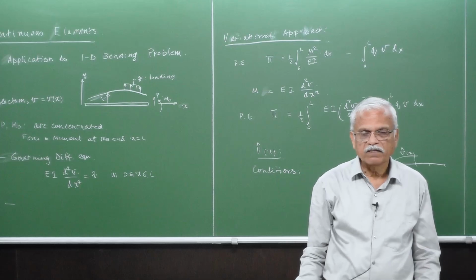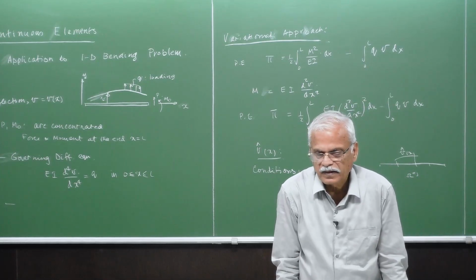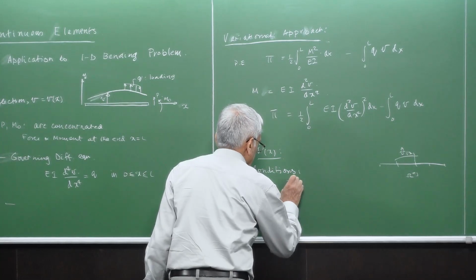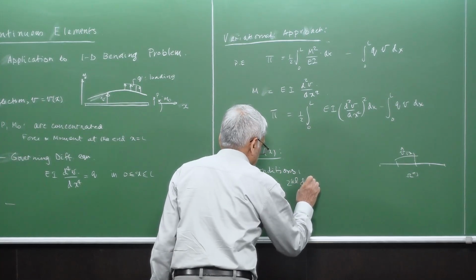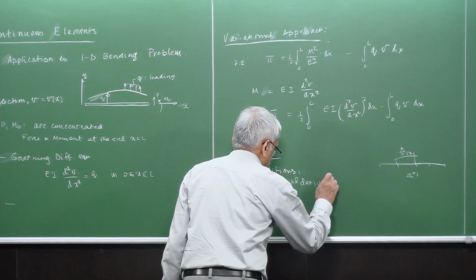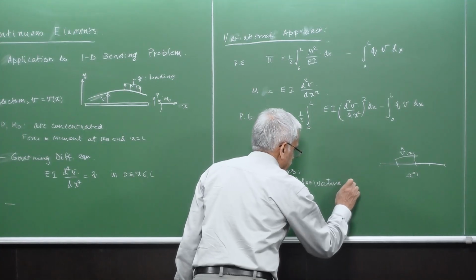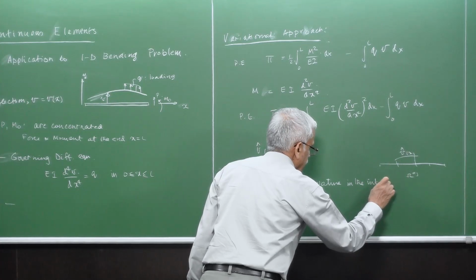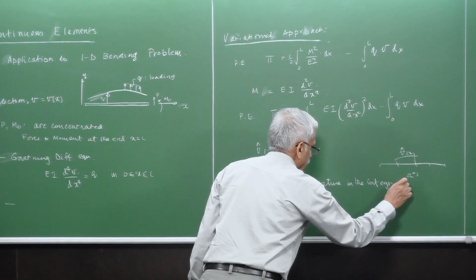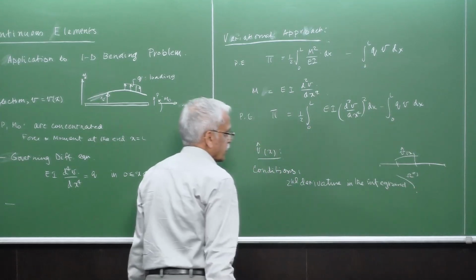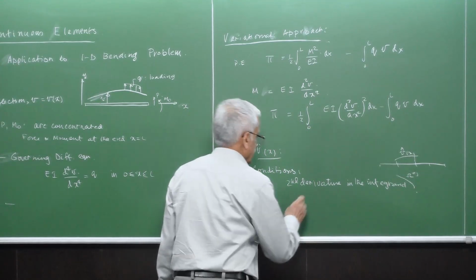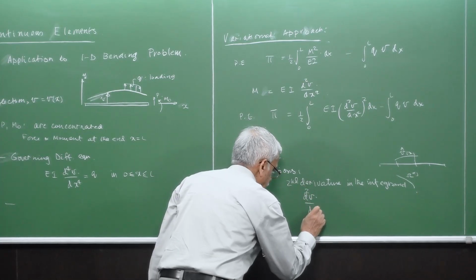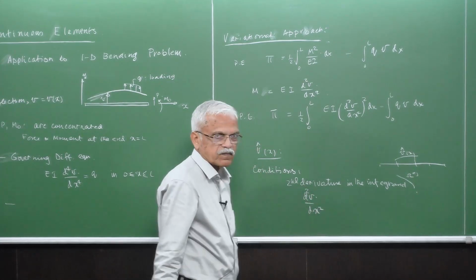So this second derivative is occurring in the integrand. What does that mean? d square v by dx square.